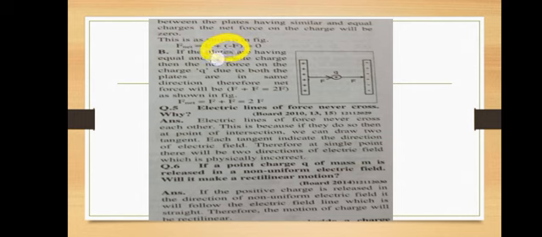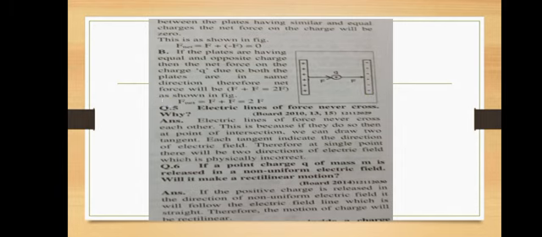While if the plates have equal and opposite charges, first plate positively charged, second plate negatively charged, the net force on the charge Q due to both plates is in the same direction, therefore net force will be F plus F equals 2F, because both plates are oppositely charged.